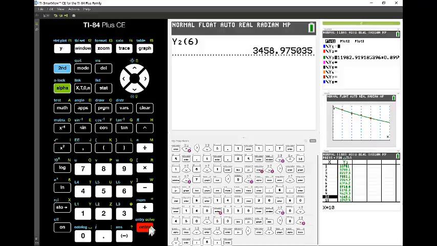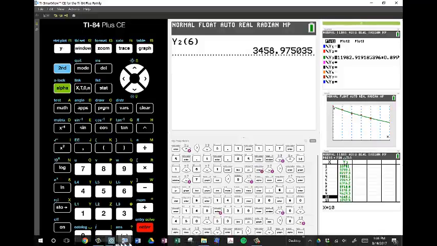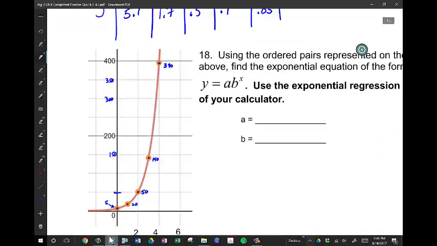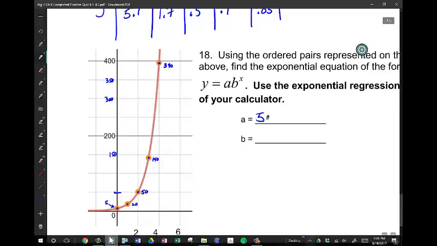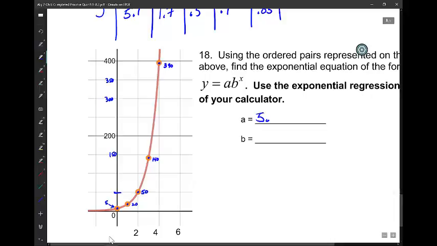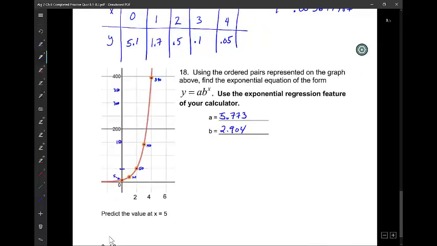So that's our value for our y. So now we can fill those in into our diagram. Our A value, as we said, was 5.773. Our B value was 2.904. And that's going to be predicting our value.